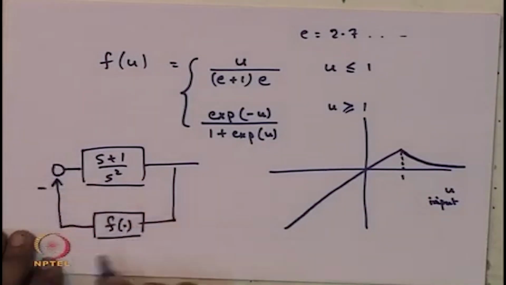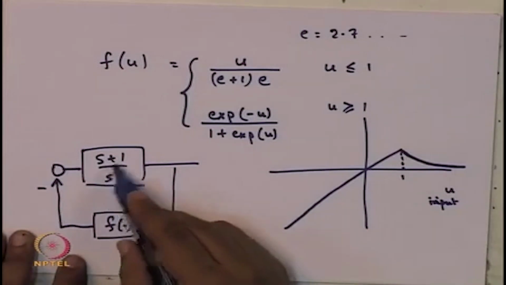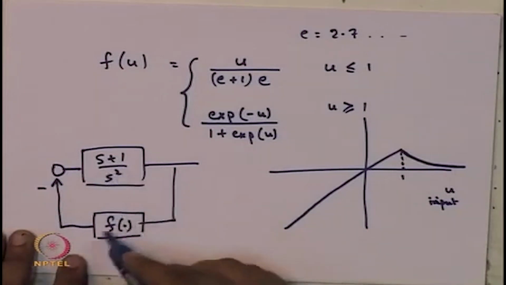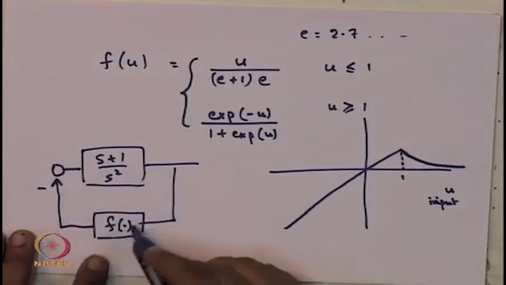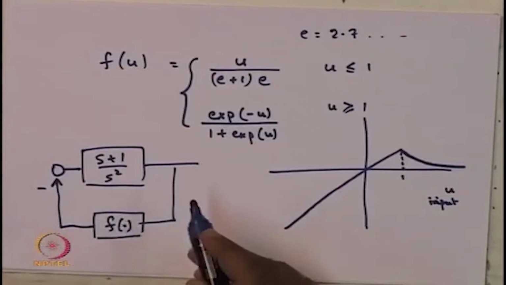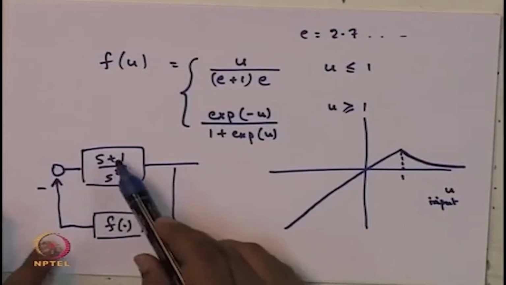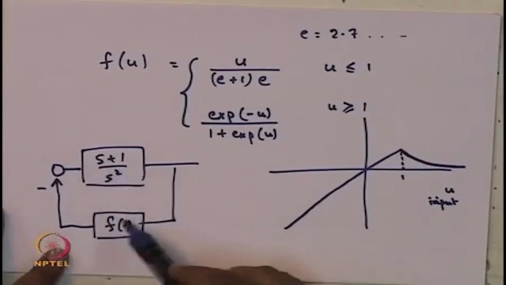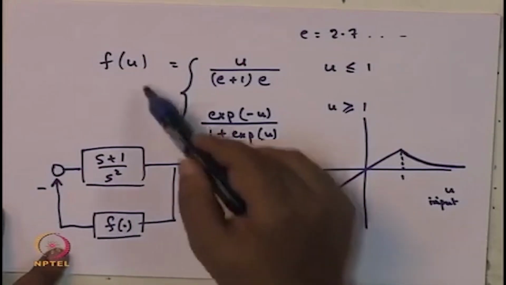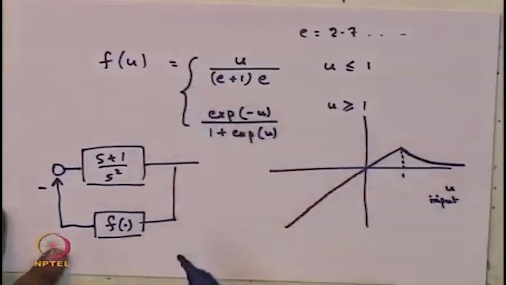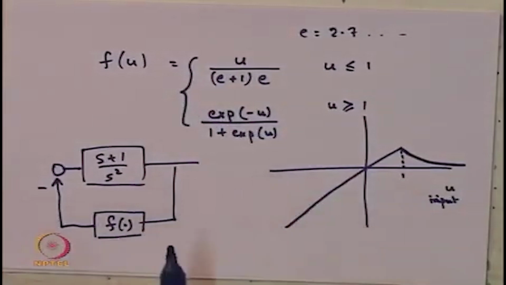Well, by Aizerman's conjecture, because (s plus 1) by s squared is stable when you put any feedback k lying in the range from 0 to infinity, therefore, this linear plant with this nonlinearity defined in this way should result in asymptotic stability. Okay. Now, what I am going to show is that this resulting system is not asymptotically stable.